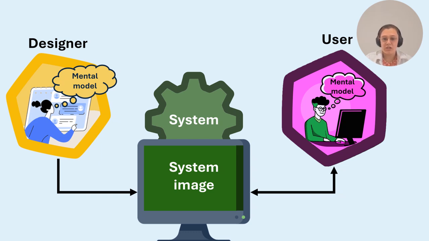And when you do have technology that works well, you essentially will probably start to build a mental model of the system. So the designer will have their own mental model, and then they'll make a system based off their mental model. And then you'll use the system, and looking at the image of the system, so not the system itself, you probably won't be looking at the code and the inner workings of the system, but you'll look at the image, and you'll start to develop a mental model.